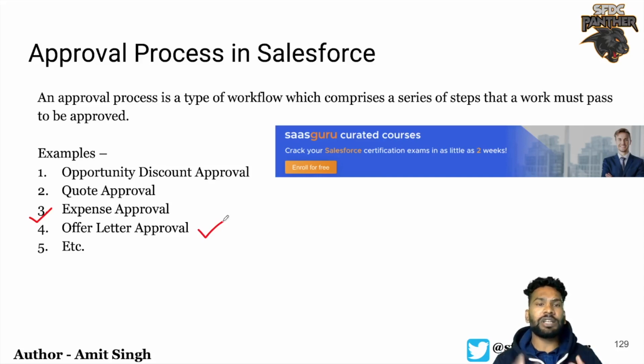So what kind of automation tool are you going to use? This is not something where you can go with workflow, process builder or flow builder. Since approval is involved, you have to go with the approval process. So just think about the question and try to figure out what kind of automation you are going to use.